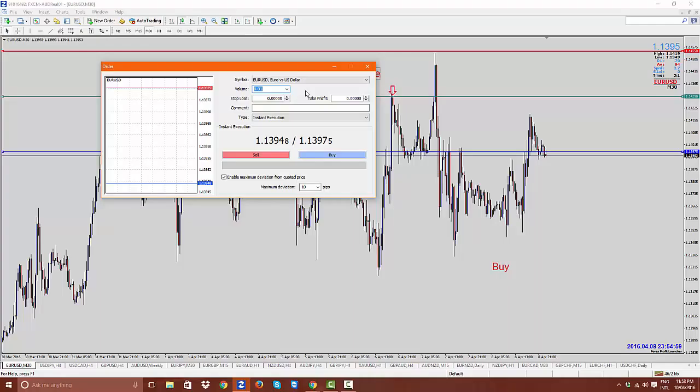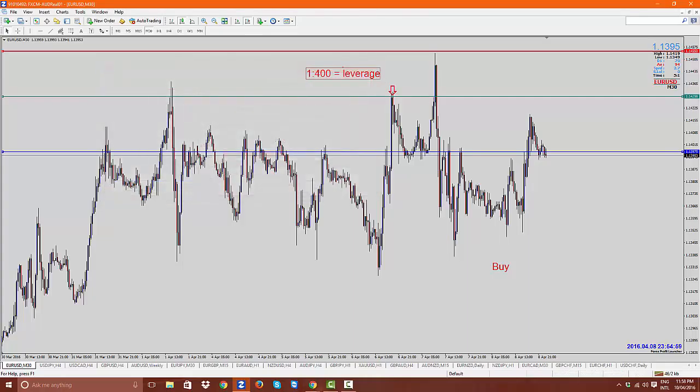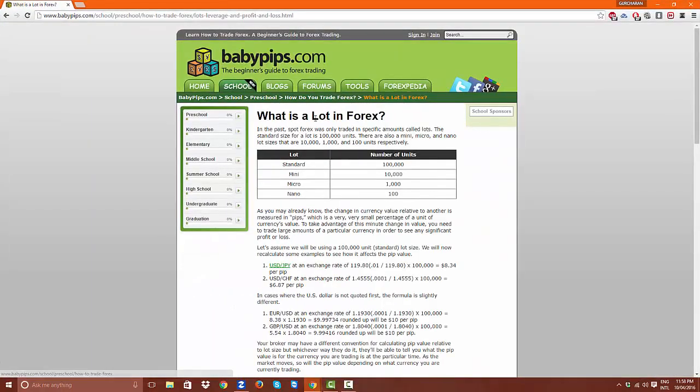But I suggest you put in at least $500 if you can. If not, anything above $200 will be a fair enough deposit size.